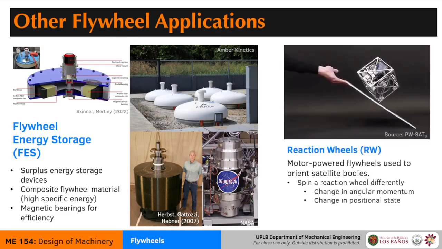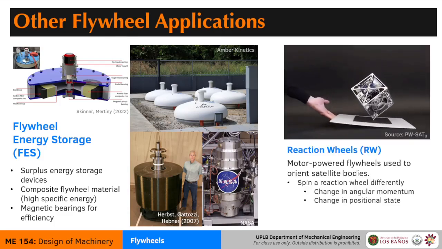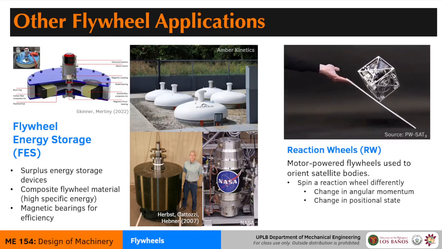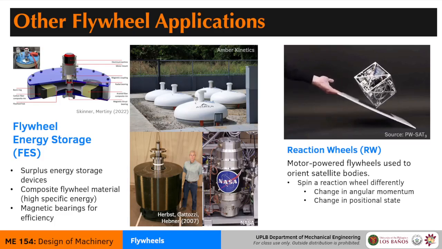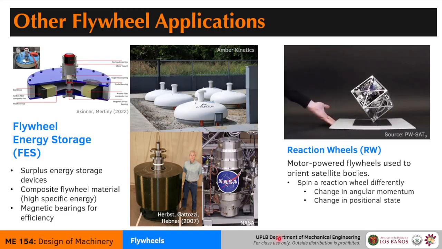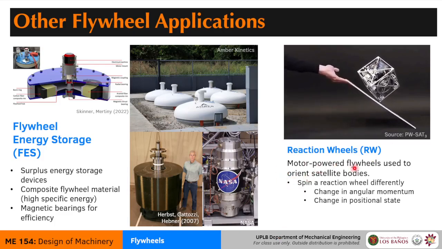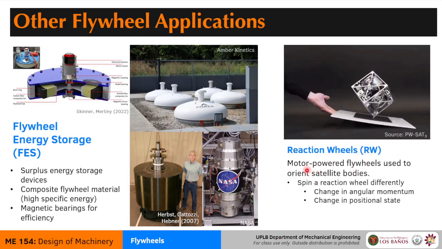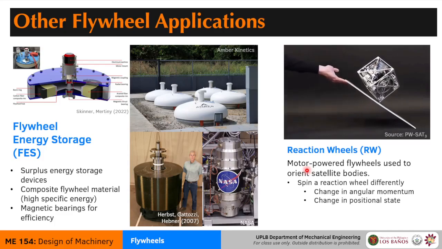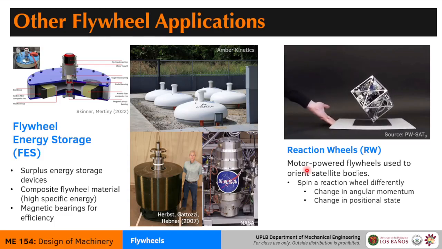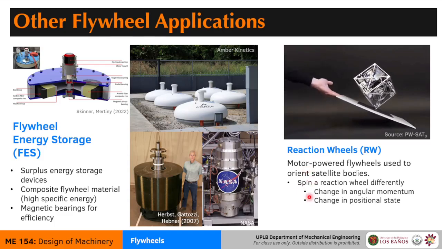Now, another application, this one is really cool. These are reaction wheels. In the depths of space, it is really hard to orient a satellite body. By using reaction wheels, which are essentially motor powered flywheels, you can help the satellite orient itself, or allow the satellite to experience a particular angular speed in a particular axis.